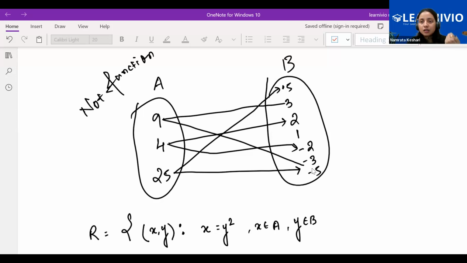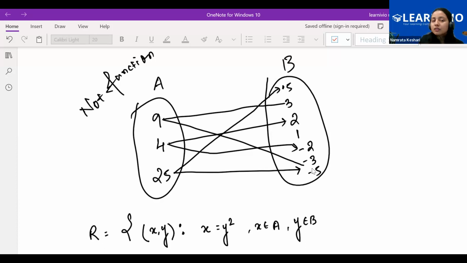Let me take one example which you will be able to relate to. Suppose you have one remote, or maybe one switch.